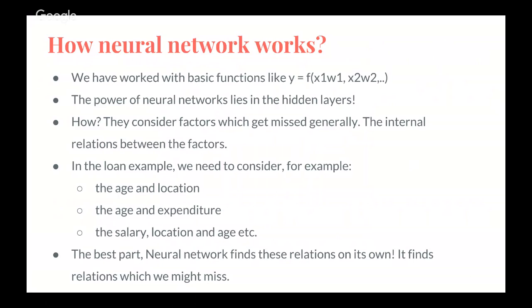Okay, and then we can use that model once it's trained to find output values for some new data which the machine hasn't seen earlier. So this is how a neural network looks. And like I've written here, the age and location, the age and expenditure. So in the loan example, all these relations, how much they matter, it's all being predicted by the neural network on its own.